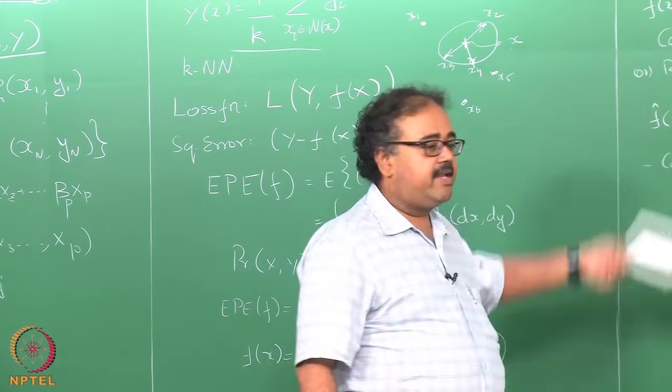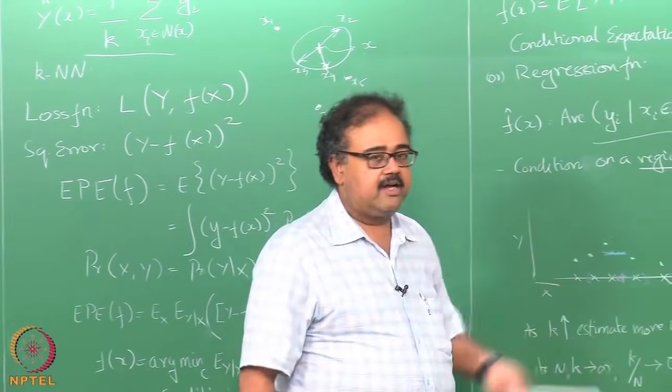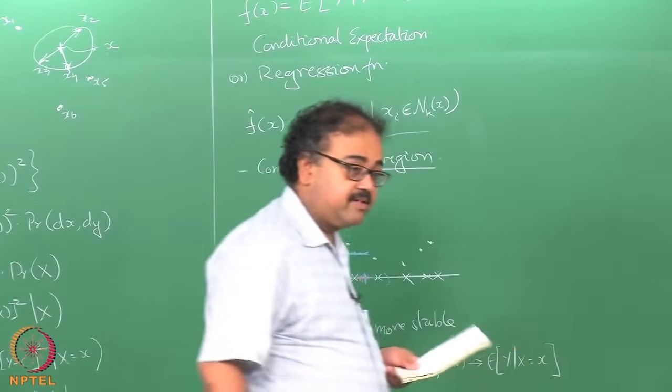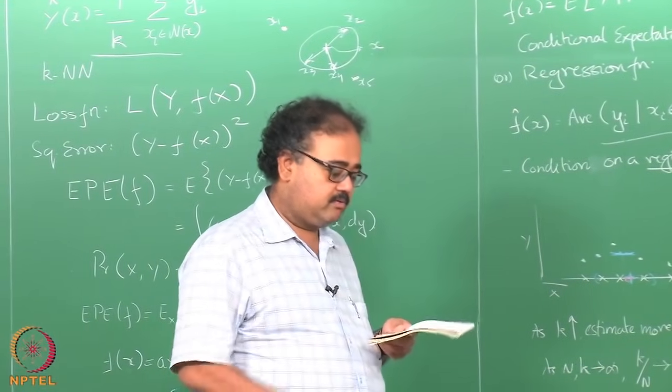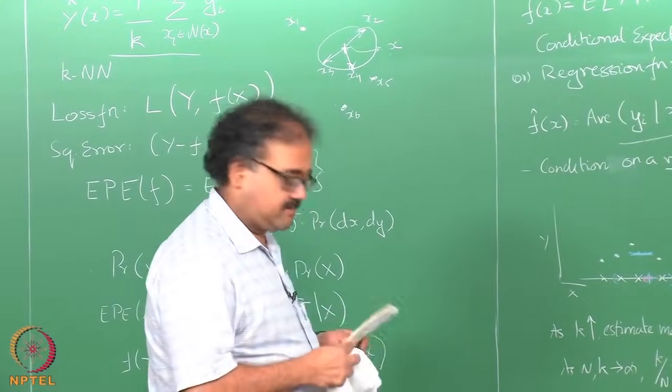Remember, we did not make any assumptions about the function f. So, the function f could change as drastically as we want, and that means we are trying to keep the bias as minimal as possible, and so we would like to remove that assumption.